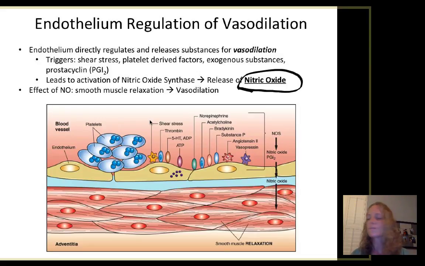This will lead to the activation of an enzyme, nitric oxide synthase, and the release of nitric oxide. The effect of nitric oxide is to relax the smooth muscle in the walls of the vessels, and that vasodilation opens up the lumen of the blood vessels and increases local blood flow.